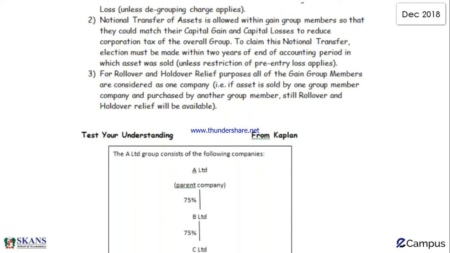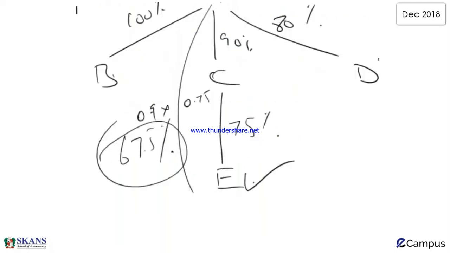All right. Now, if we know that these are the companies which are members, which of the companies were members? A, B, C, D, as well as E is member of gain group.